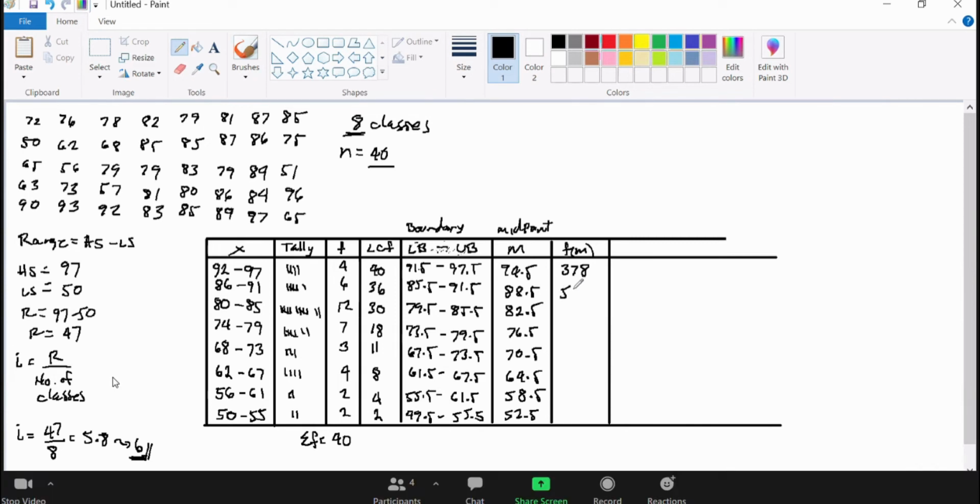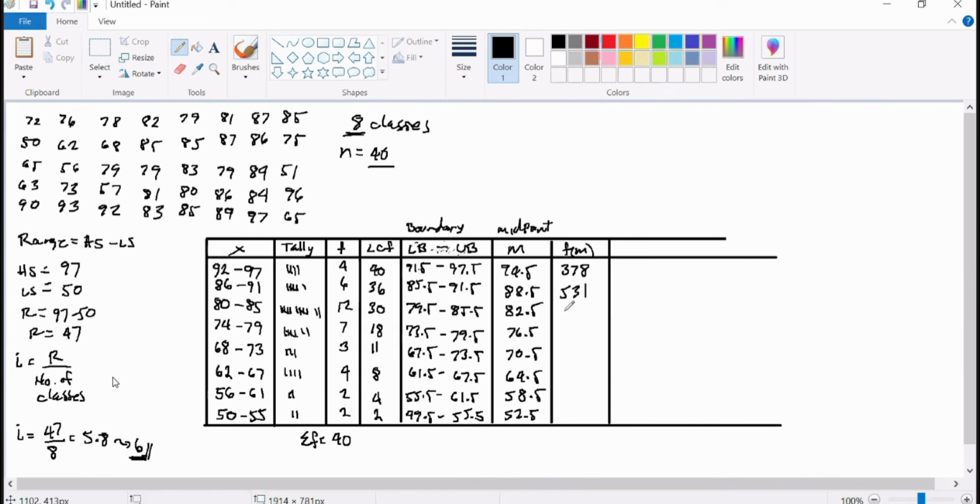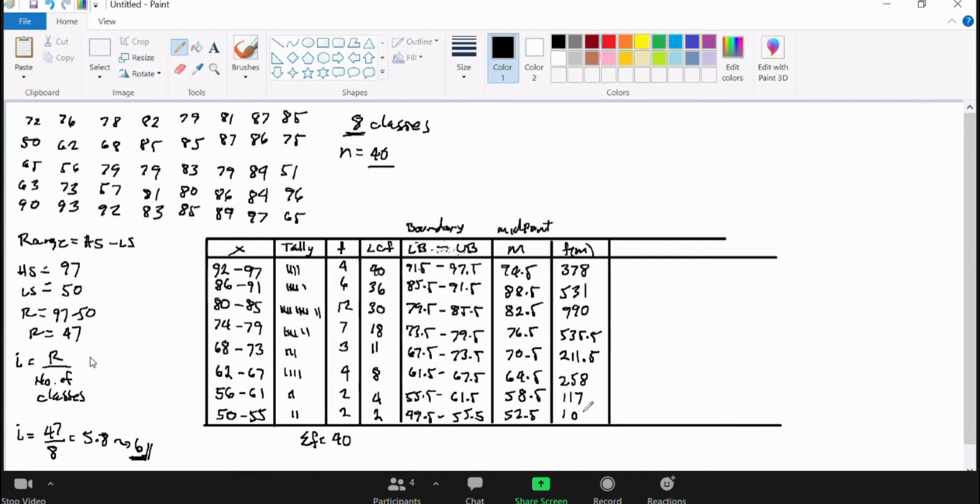Next, 378, 531, 990, 535.5, 211.5, 258, 117, 105.